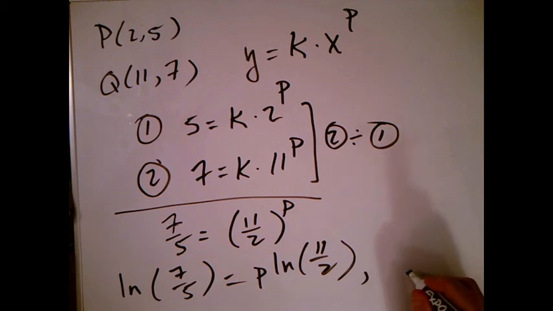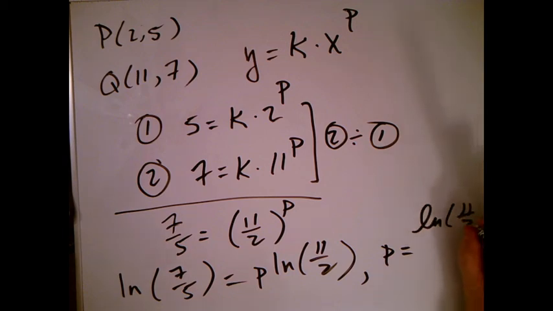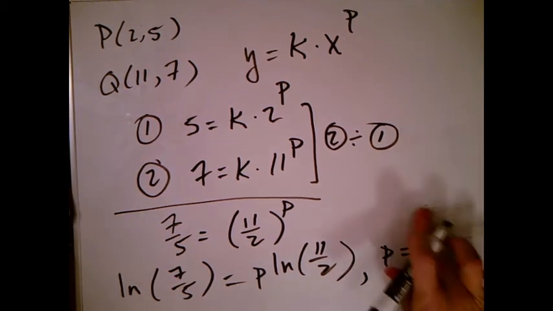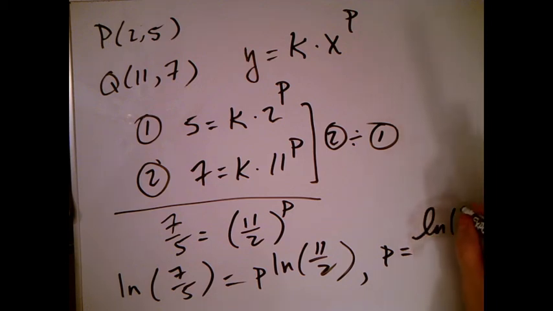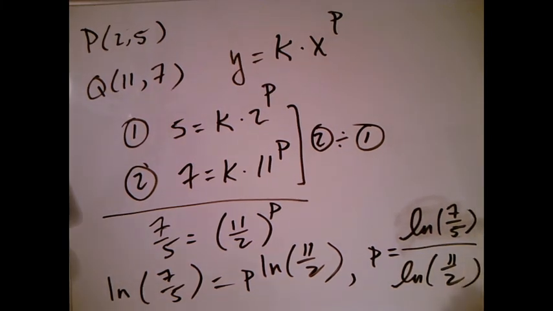And so we get p is equal to the ln of 11/2 divided by, oops, other way around. I get the ln of 7/5 divided by the ln of 11/2, and make sure we can see that. Yay, that's the power. Yay, I still need to figure out the coefficient.